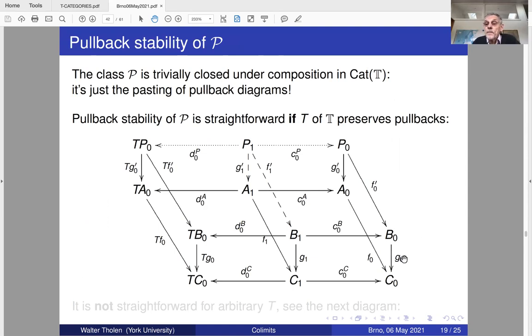So what you do is, when you are given F from A to C and G from B to C, you simply form the pullback of the object part, and you form the pullback of the morphism part.